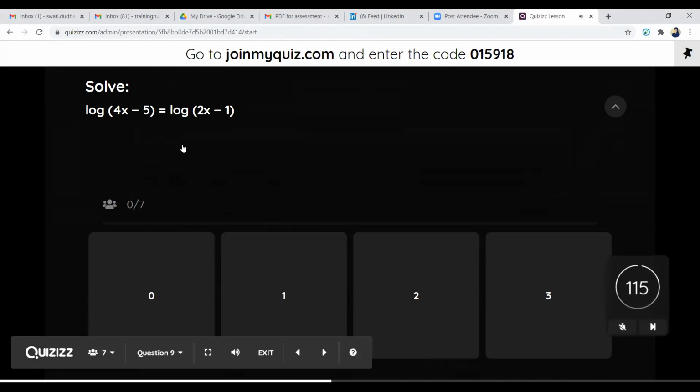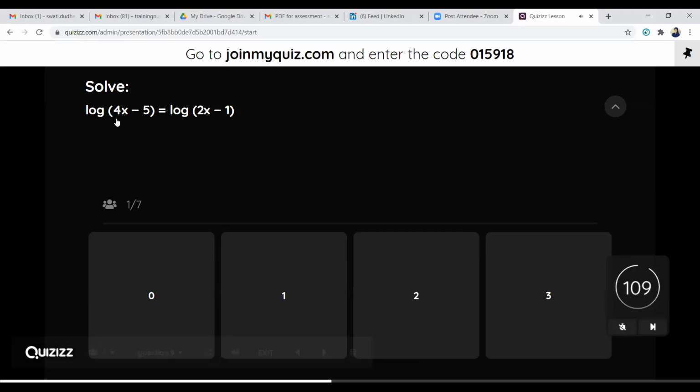This can be done on the calculator page or on the graph page as well. So draw the graph of each and find the intersecting point.